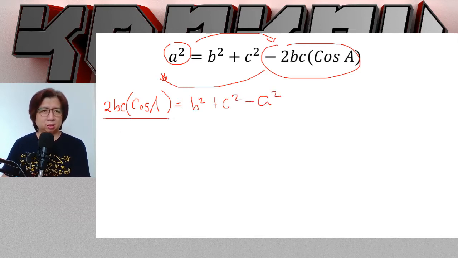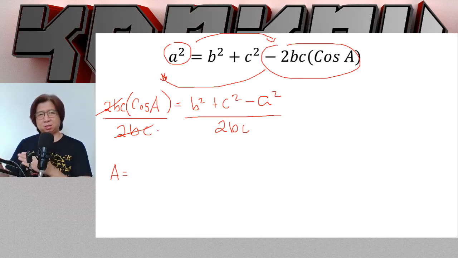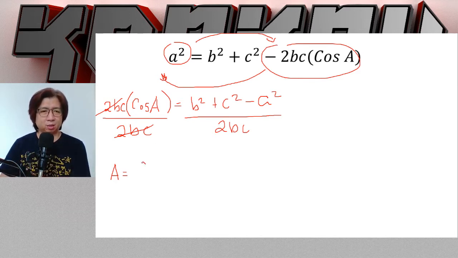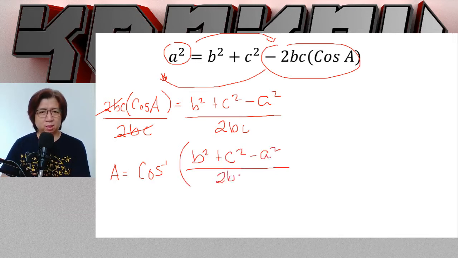Then divide both sides by 2bc so that I can cancel 2bc on this side. To find angle A, since we have cosine here, the opposite is shift cosine. We have b squared plus c squared minus a squared all over 2bc.